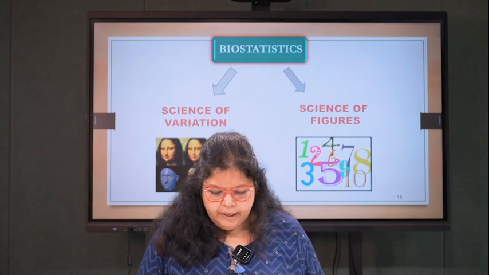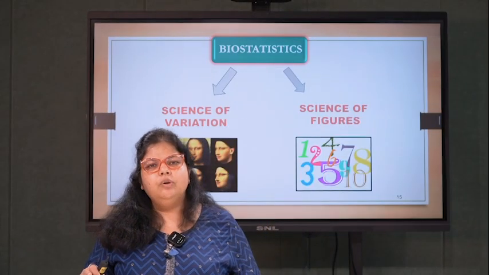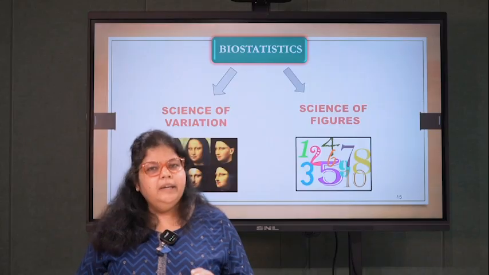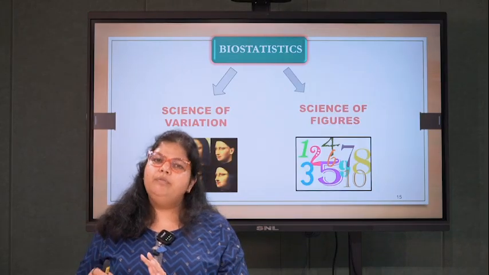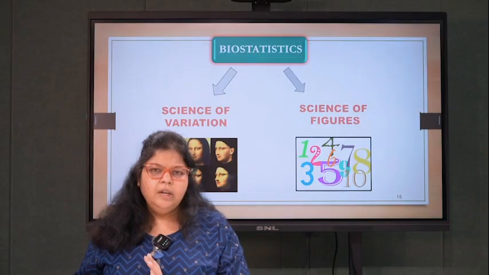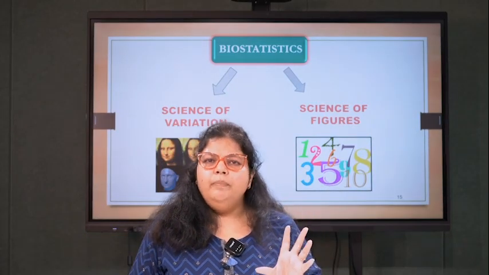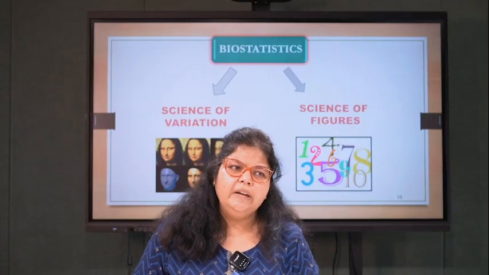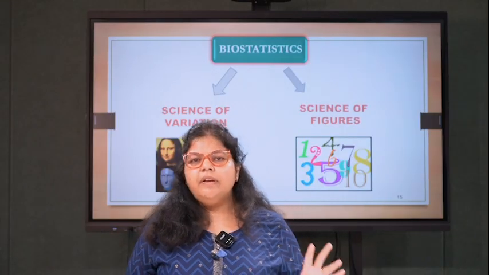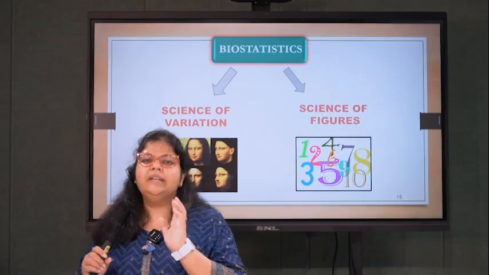For example, if a particular person has 12 g of hemoglobin in his blood, he has normal hemoglobin, as does another person who has 14 g of hemoglobin in his blood. Both have hemoglobin in their blood and both are normal. Even 12 is normal, 14 is normal, 15 is normal, and in-between values are normal. That's why we say biological sciences are the science of variations and there is no constant.